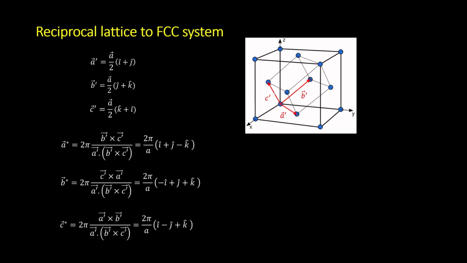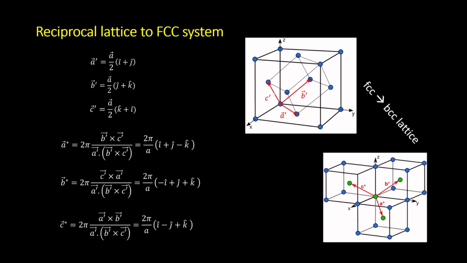Similarly, for B star we get 2 pi by A into minus i plus j plus k, and C star equal to 2 pi by A into i minus j plus k. These reciprocal lattice vectors are the primitive vectors of a body-centered cubic lattice. Thus, the BCC lattice is the reciprocal lattice of the FCC lattice.